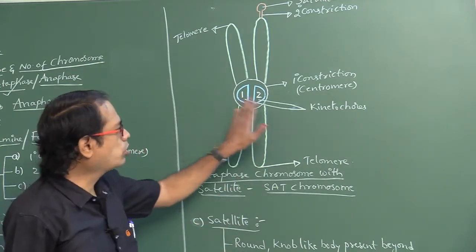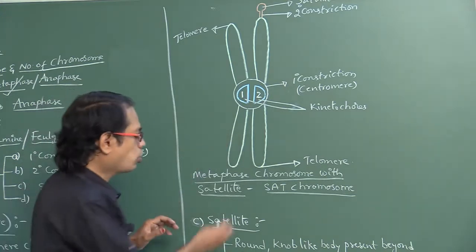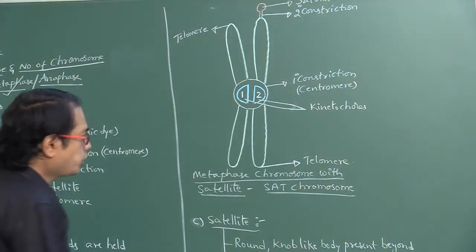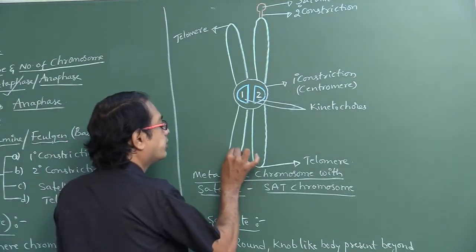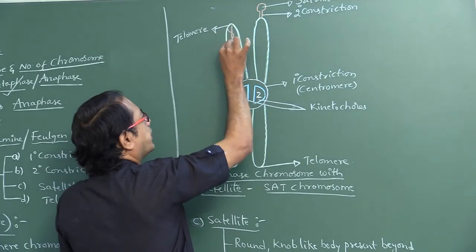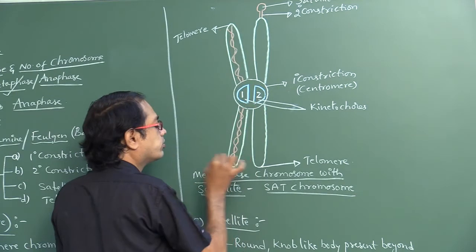So, this chromosome is having how many chromatids? 2 chromatids. Each chromatid is having one DNA molecule. This is the DNA molecule.